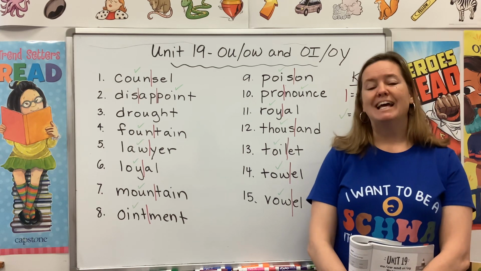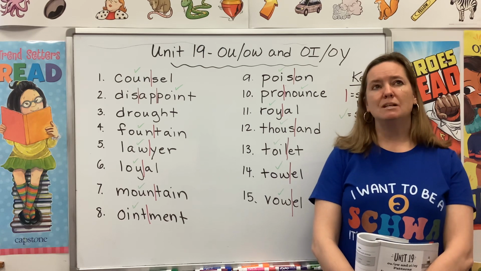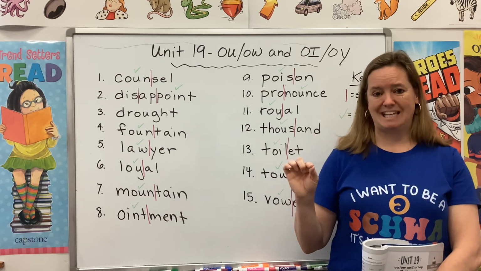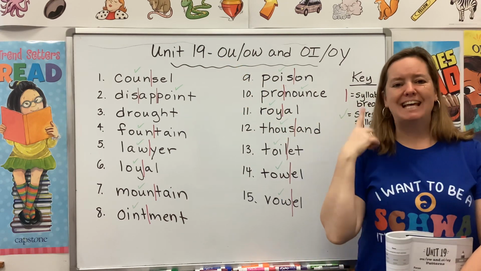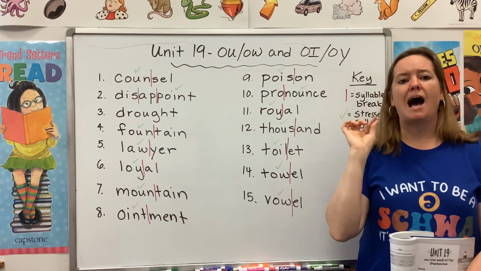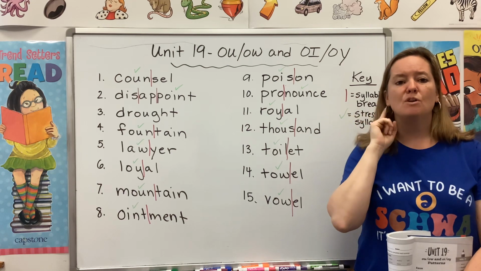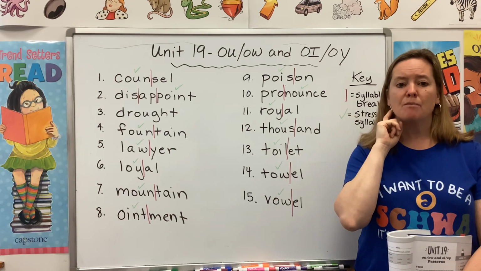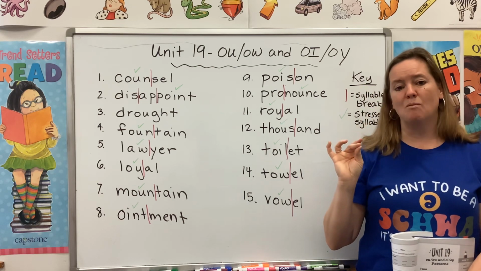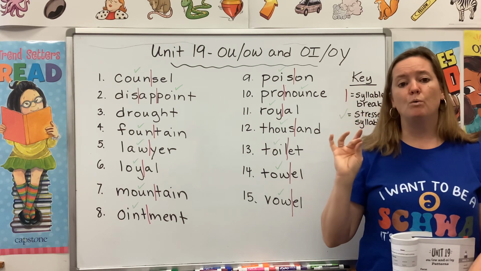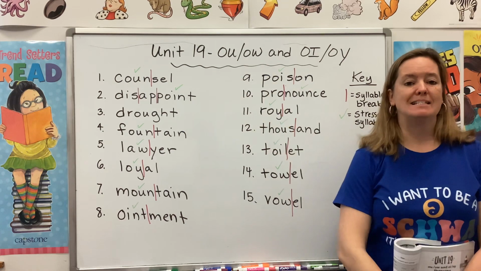A diphthong is a sound that's actually made up of 2 sounds. So if you think of the ow sound, say it and listen for the 2 sounds. Ow, ow. Do you notice how it starts in the back of your mouth and then moves towards the front? It kind of slides from one sound to another. Ow. That's what makes it a diphthong.